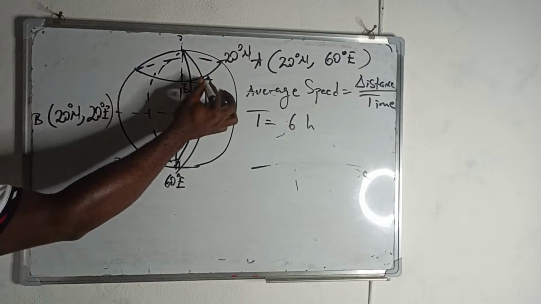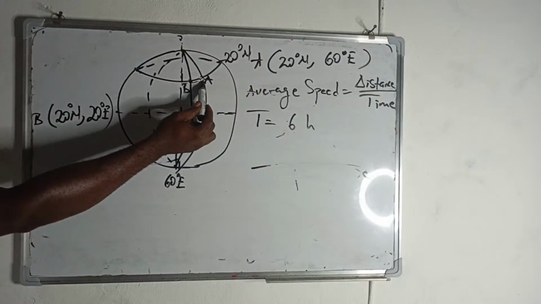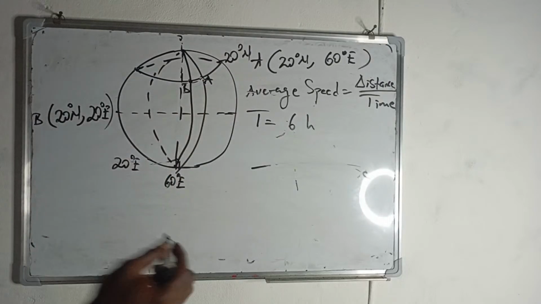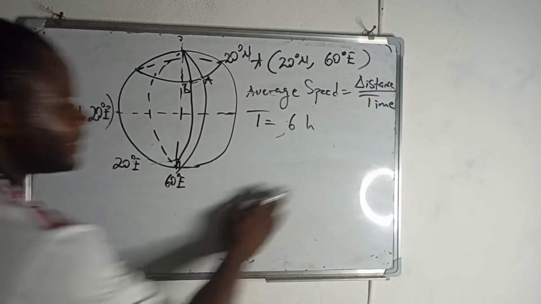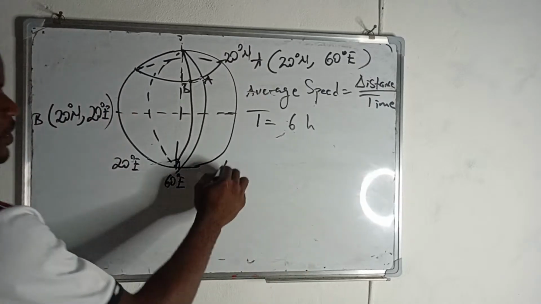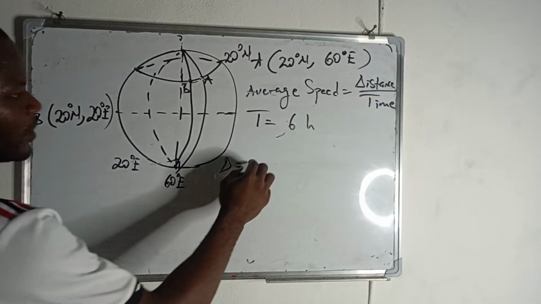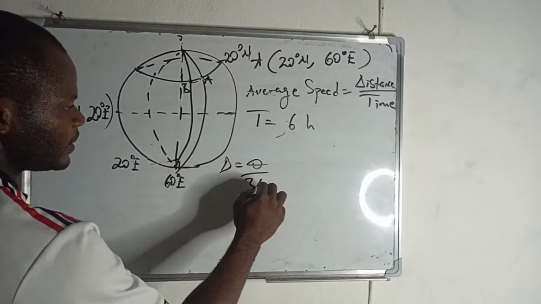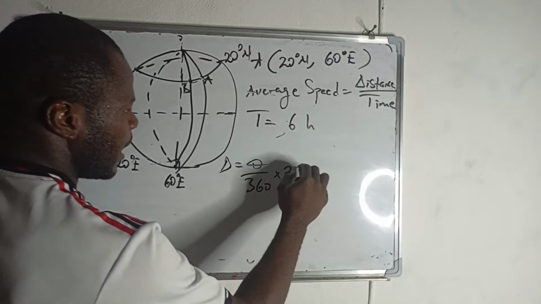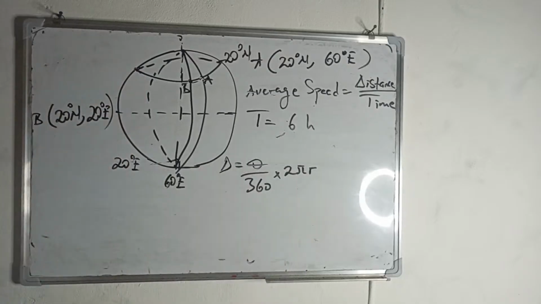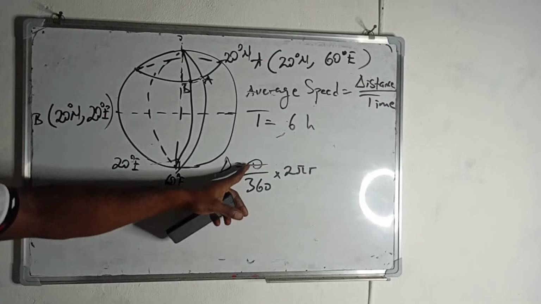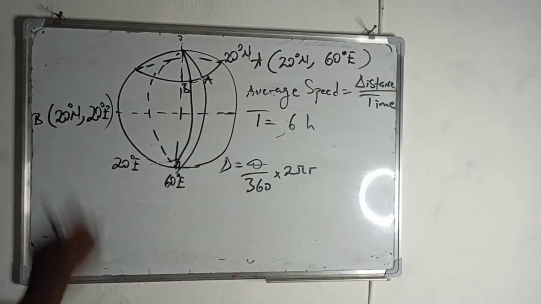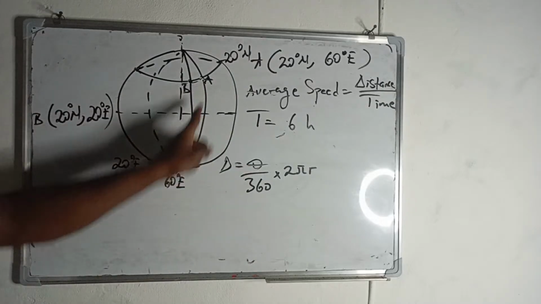When you look at this, you notice an arc. Remember the formula for finding the length of an arc, which is what we use when we are looking for distance: theta over 360 times 2 pi r. Now, this theta is the change in longitude.